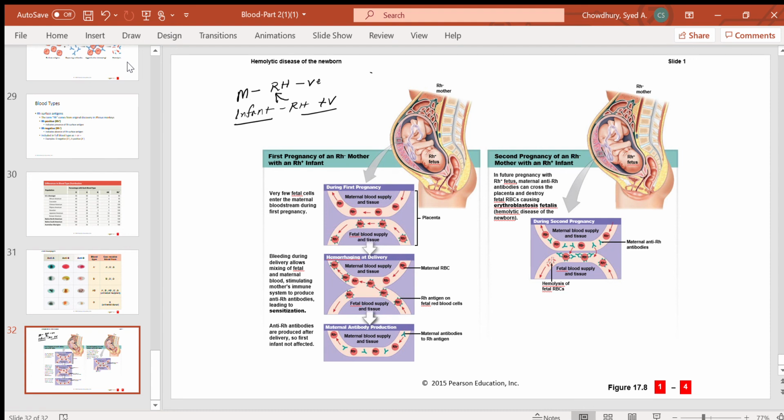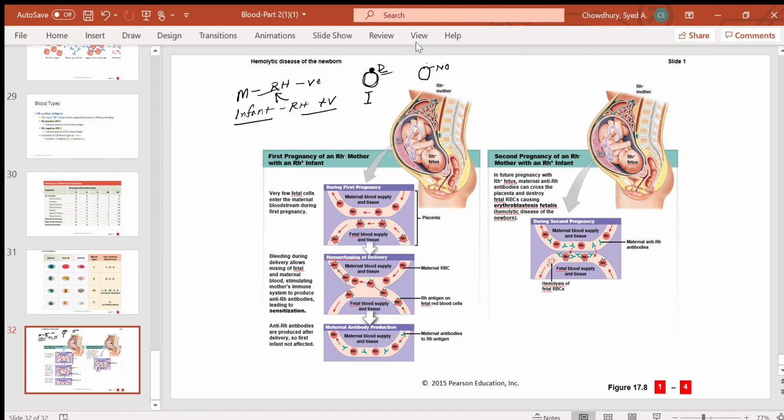If the infant is positive, then on the surface you have D antigen, right? Remember that D makes positive, so the infant's red blood cell surface has D antigen, and the mother is negative, so the mother's red blood cell surface doesn't have D.